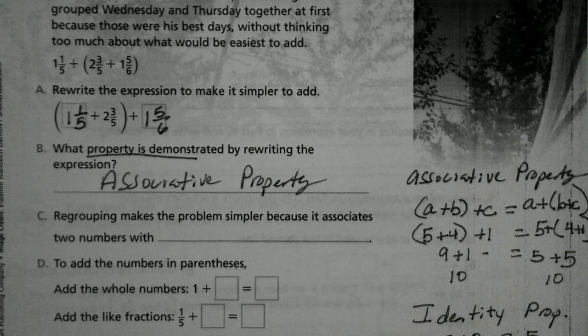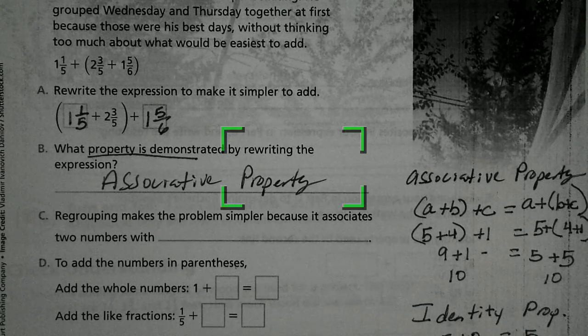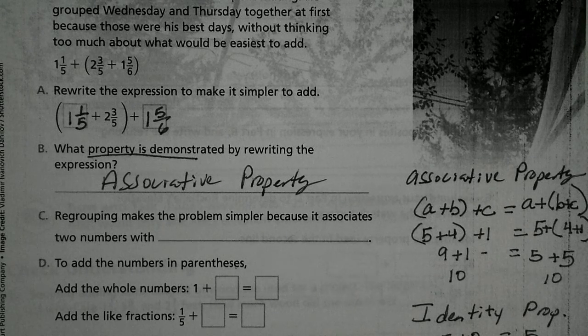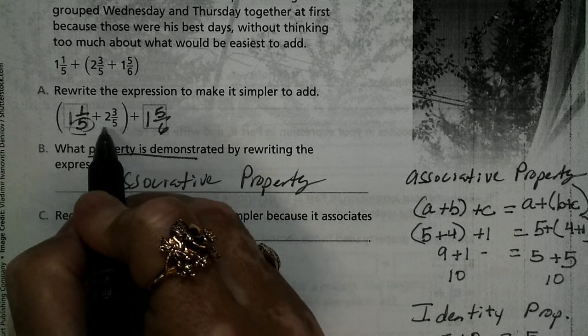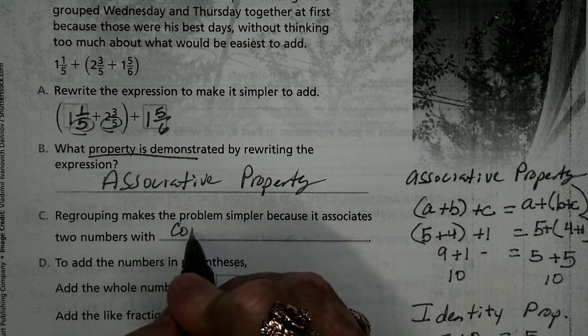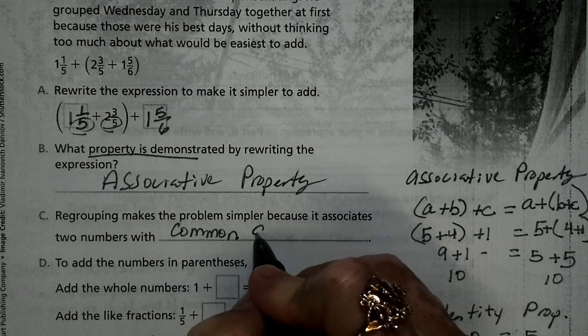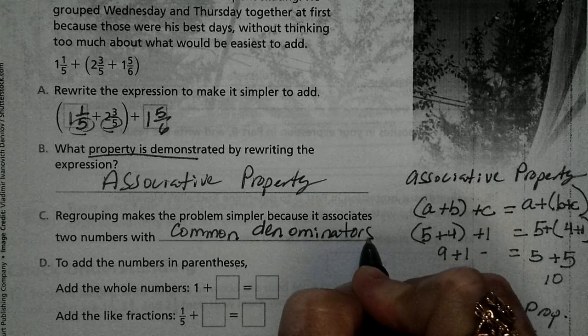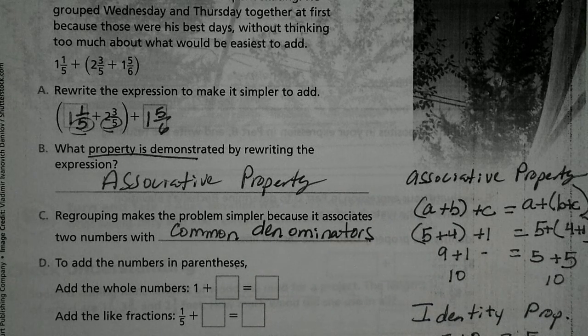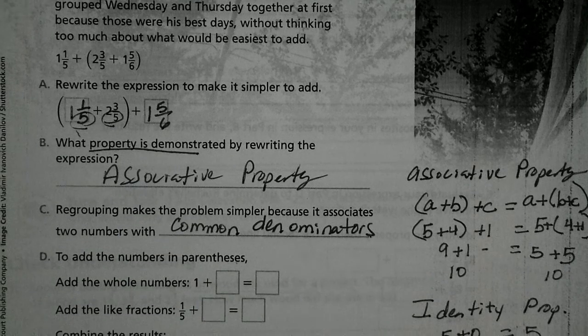Okay? So now it says regrouping makes the problem simpler because it associates two numbers with common denominators. Okay, so that's why we group them, because the denominators are the same.